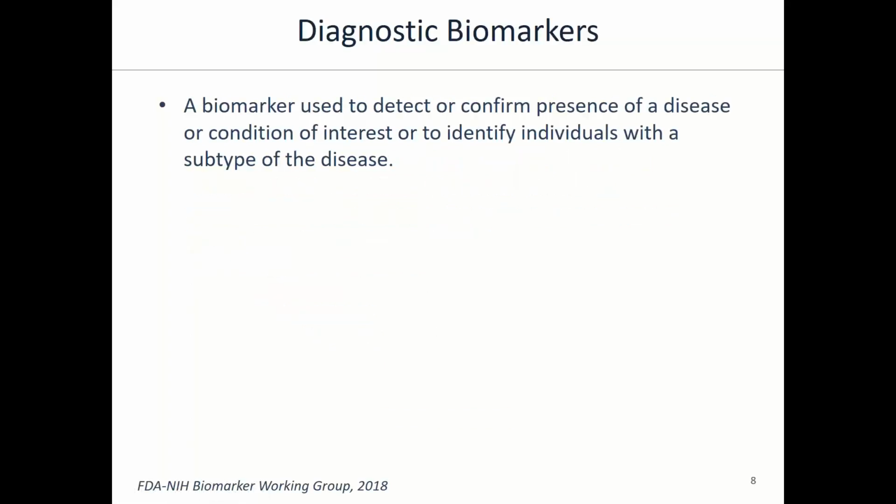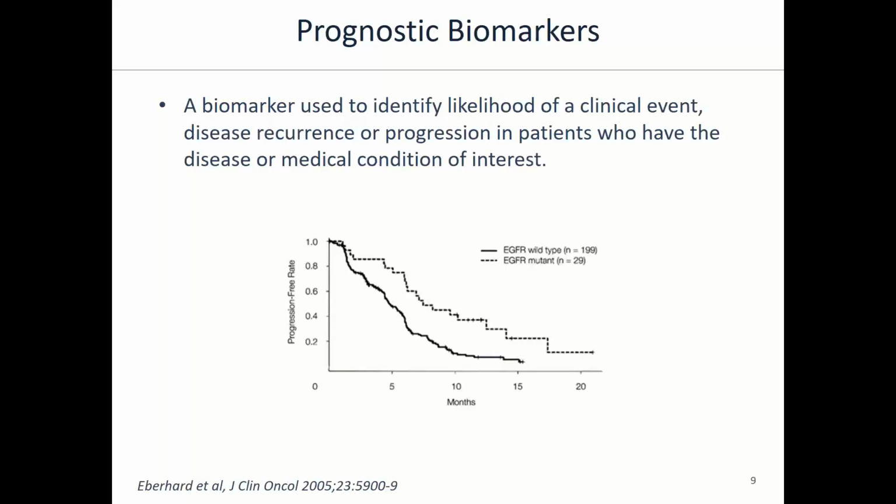A diagnostic biomarker is any biomarker used to detect the presence of a disease or condition of interest, or sometimes to identify subtypes of the disease, some groups of patients with a specific feature. So this is not so relevant for precision oncology, but some of the concepts used in diagnostic biomarkers are indeed relevant, and that's why we left the definition here.